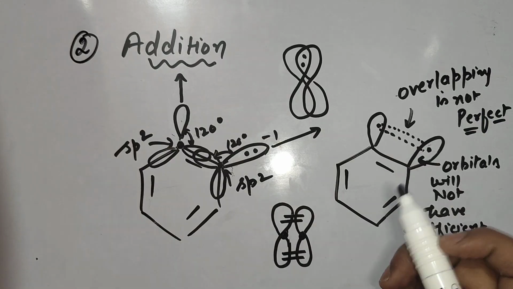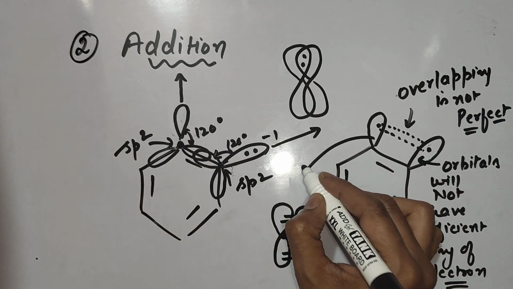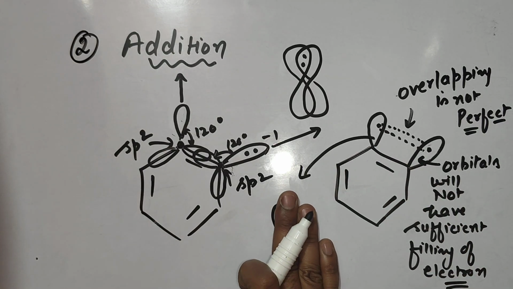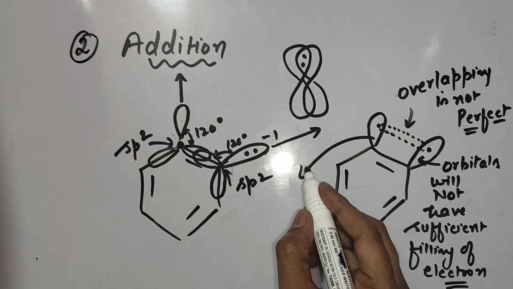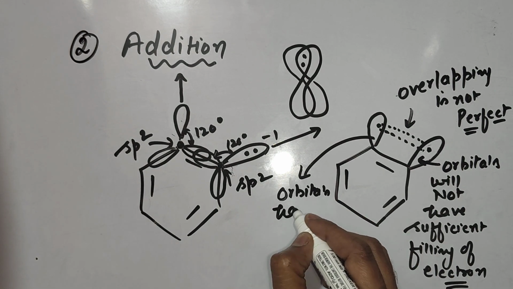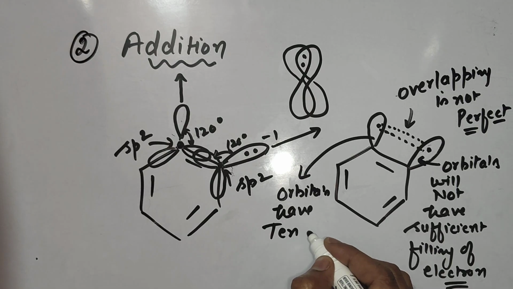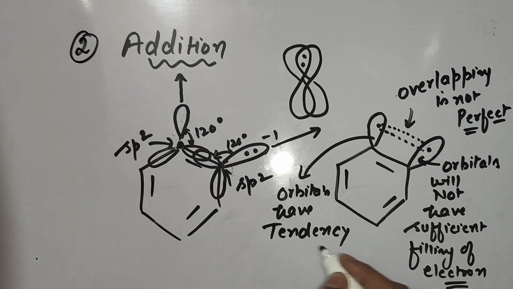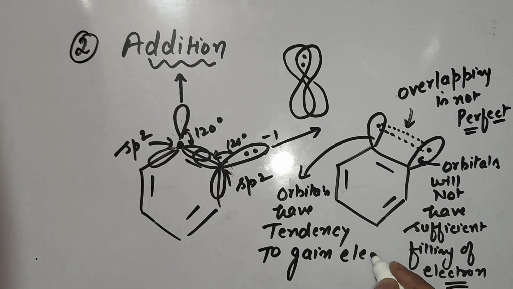That's why these orbitals have tendency to gain electrons.